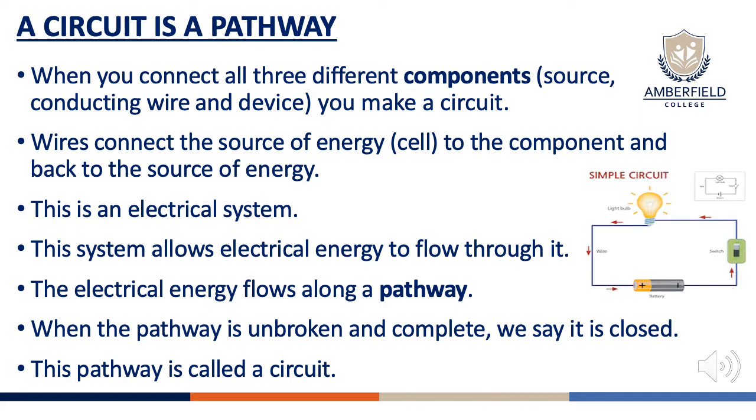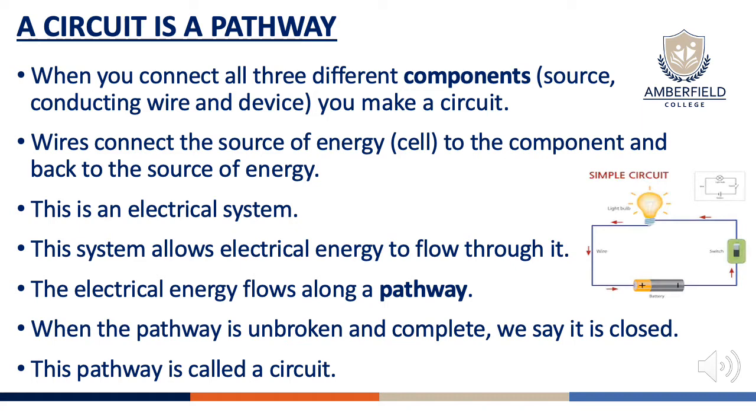The electrical energy flows along a path. When the pathway is unbroken and complete, we say that it is a closed system. This pathway is called a circuit. And now we need to know that an electrical current moves from negative to positive.